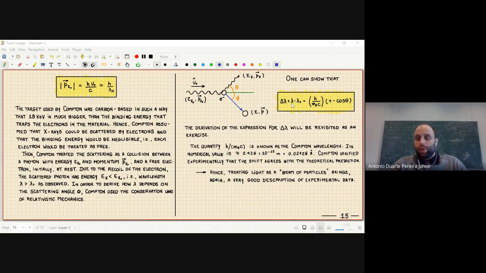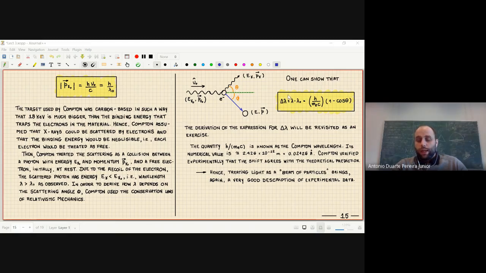And the expression is given by Planck's constant, divided by the mass of the electron times the speed of light, times this factor, which is 1 minus the cosine of this angle here. So if I change the angle at which I detect the scattered photon, I will change the value of delta lambda.